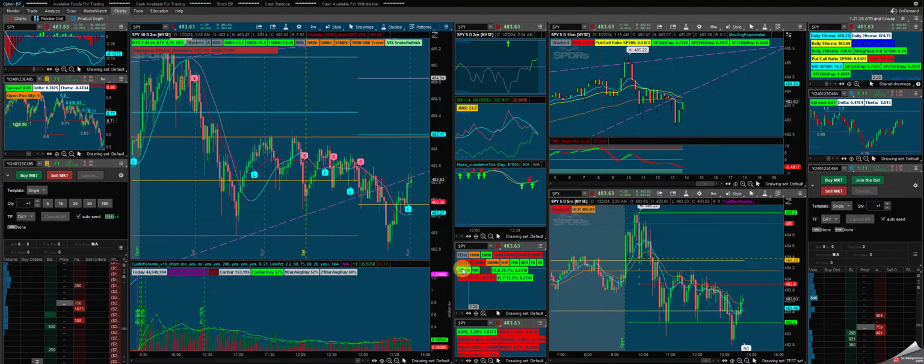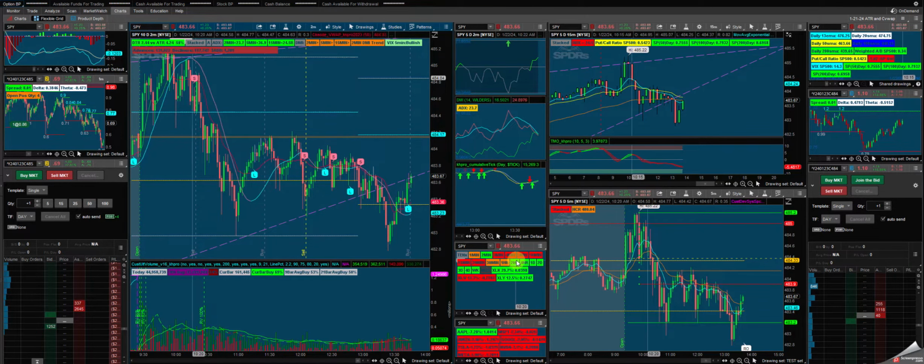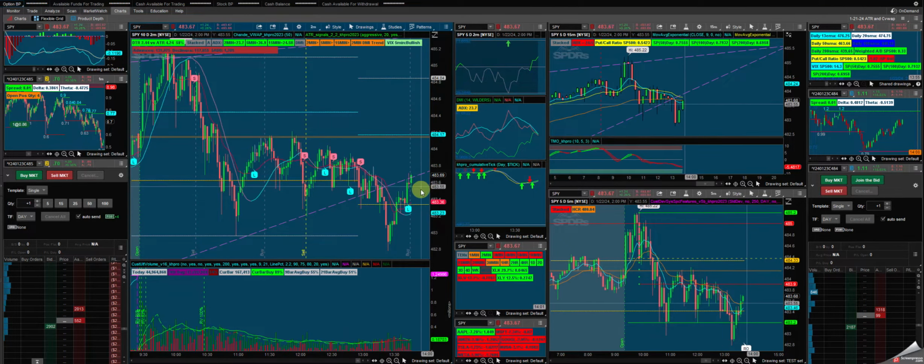Always keep in mind the longer term trend is usually the one to prevail. So if you have 1 hour, 2 hour, daily, weekly, and monthly all green, well, look out for bounce opportunities to go long.